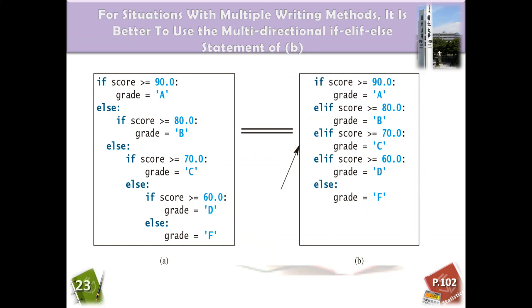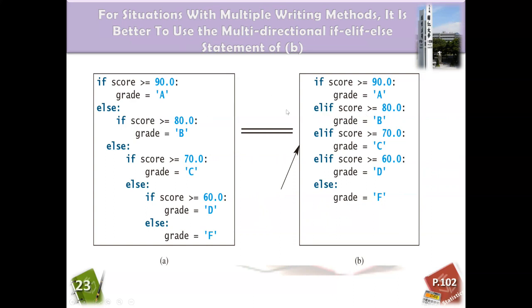Okay, and else if the score is larger than 80, because sometimes you are larger than 90, but actually you are not larger than 80, but it still has a different degree here. So we have to provide another condition here. So in this case, you can use else if here.